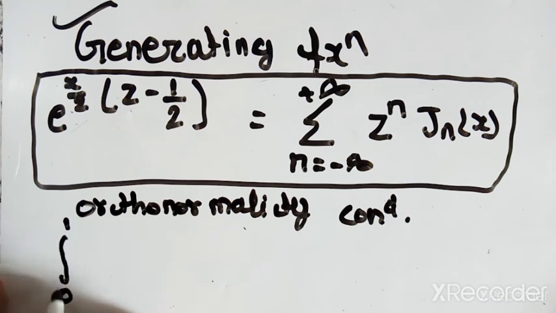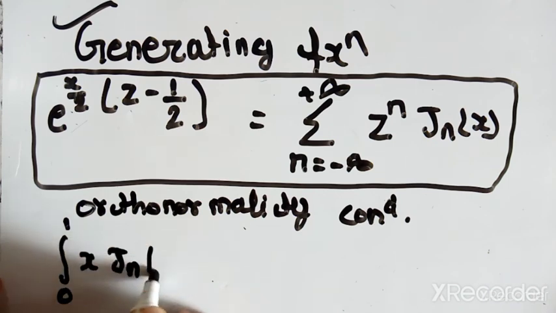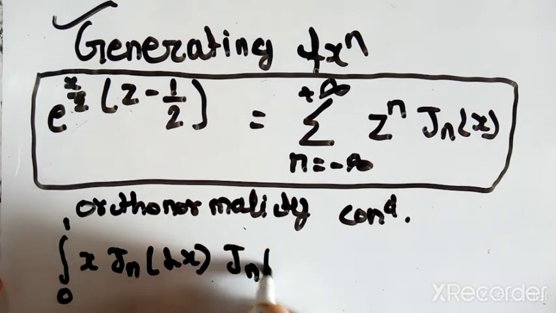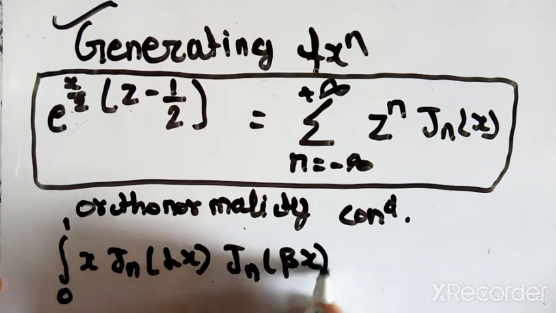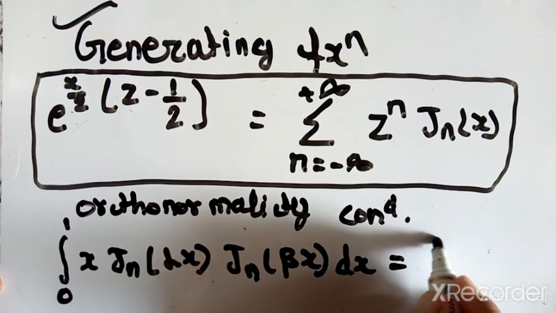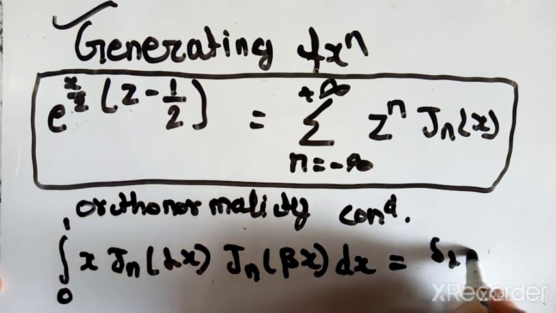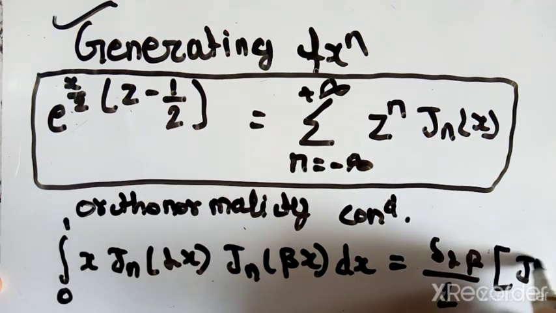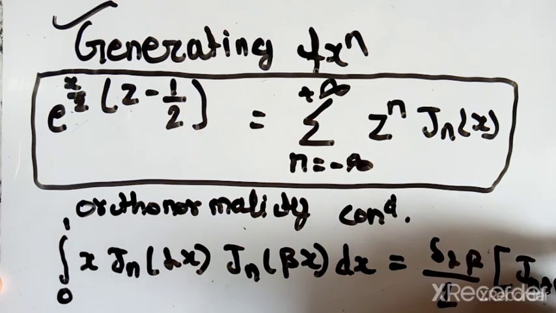The integral from 0 to 1 of x into J n of alpha x into J n of beta x dx is equal to delta alpha beta divided by 2 into J n plus 1 of alpha, whole square.